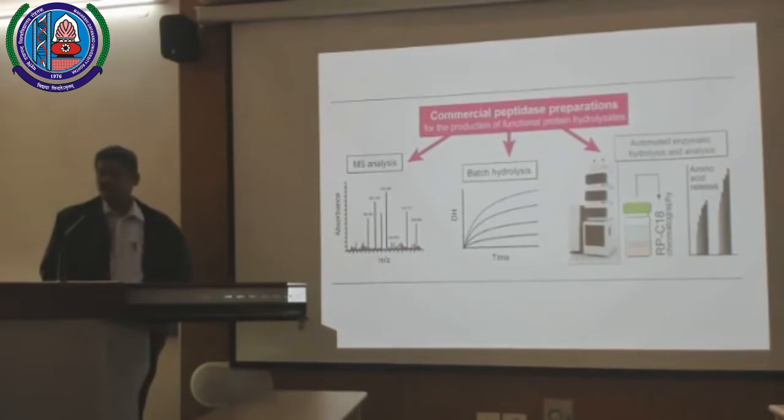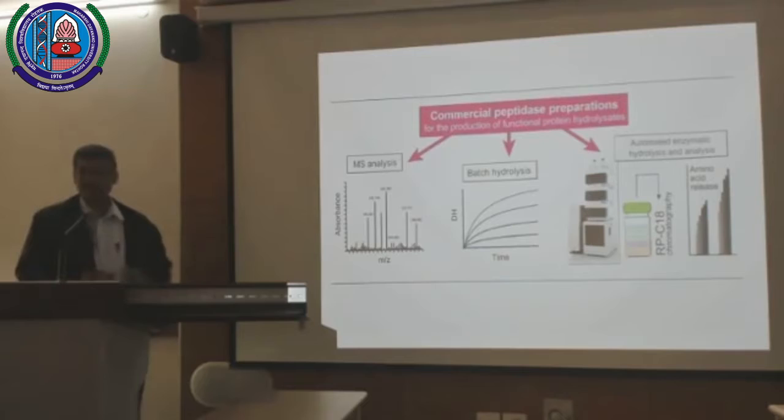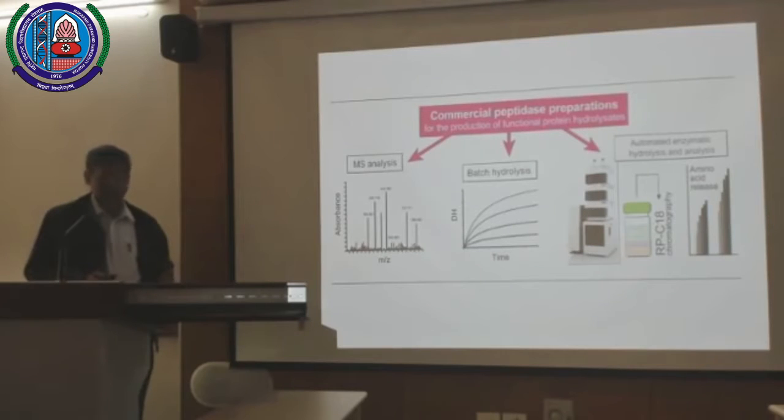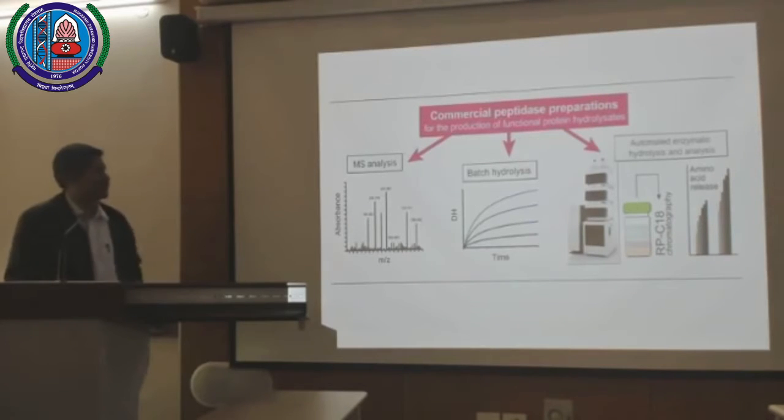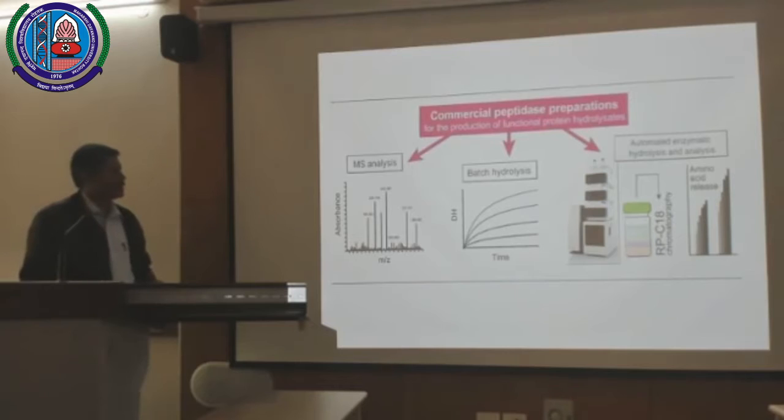If we look at the commercial practices and production, this graph suggests this is a simple technology. We discussed how the degree of hydrolysis changes with concentration and time, and then peptide characterization is done using mass spec, and purification is one aspect of that.